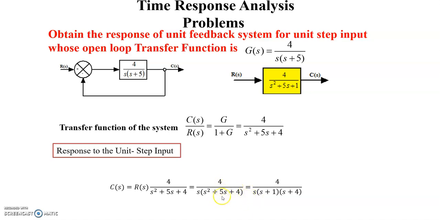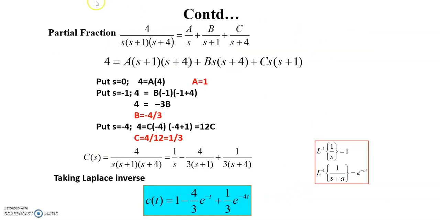So we have two roots, giving s(s+1)(s+4). Taking partial fractions, A/s + B/(s+1) + C/(s+4). Now you can find the A, B, C values.